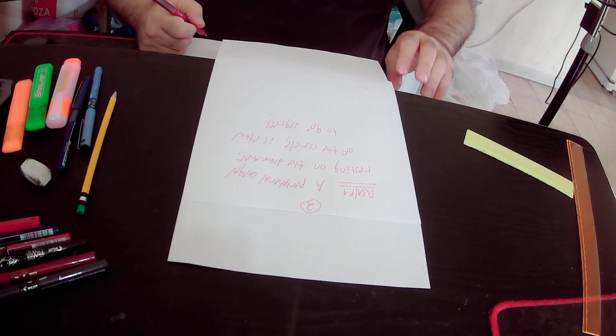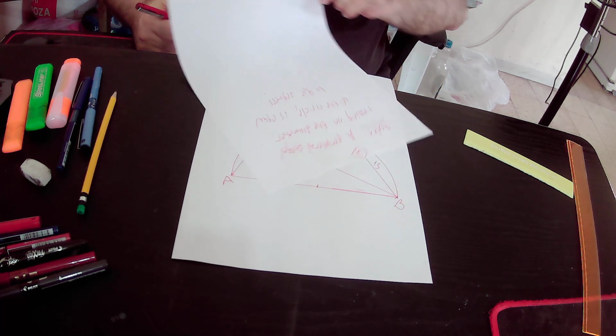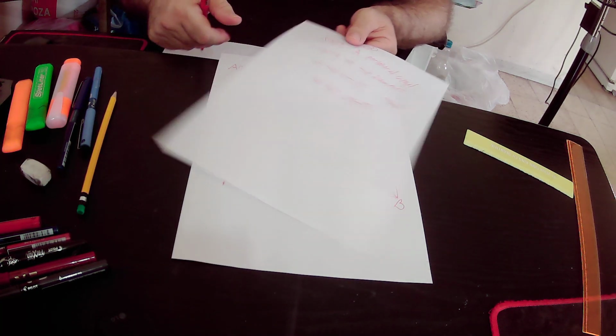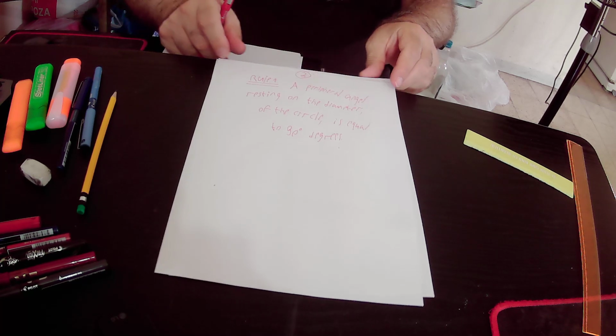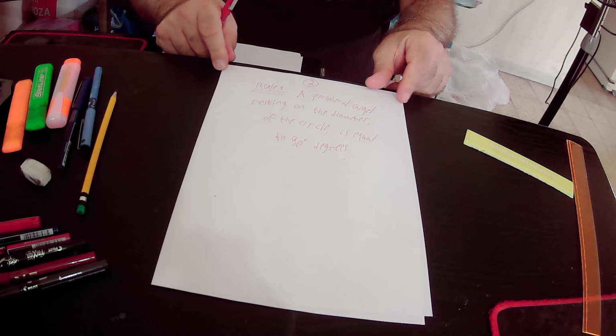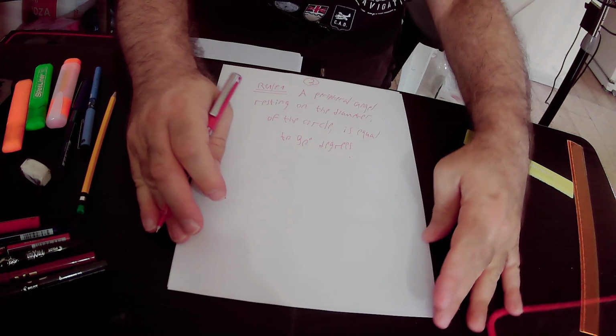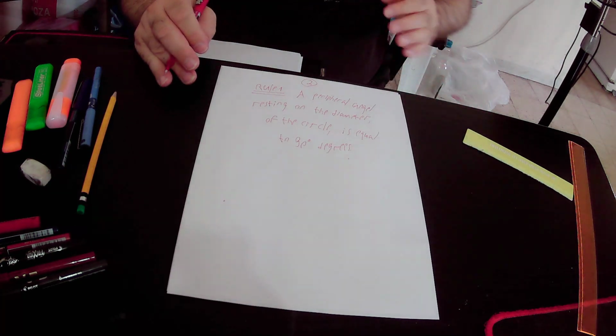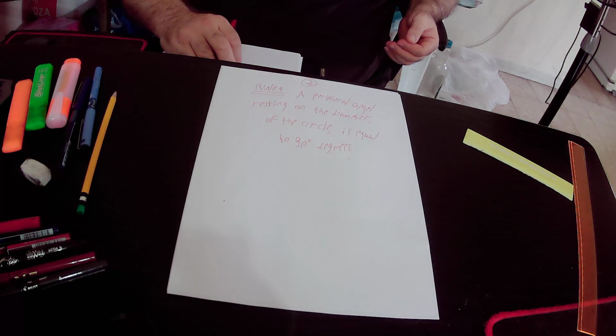Okay, so I will read rule number 1 again. Rule number 1 states that a peripheral angle resting on the diameter of the circle is equal to 90 degrees.